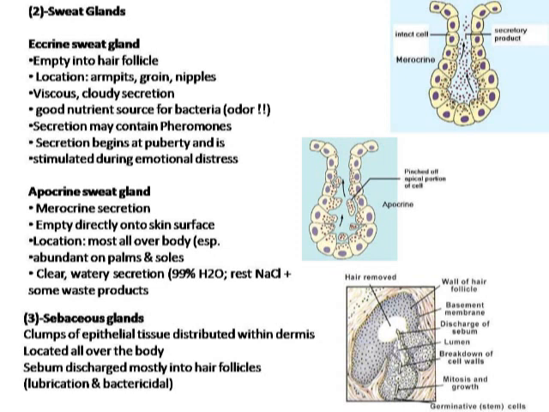Next, coming to the sebaceous gland. Here, sebaceous gland secretes sebum, which is an oily or wax-like substance consisting of cholesterol, triglyceride, and other cellular debris from the secretory cells.